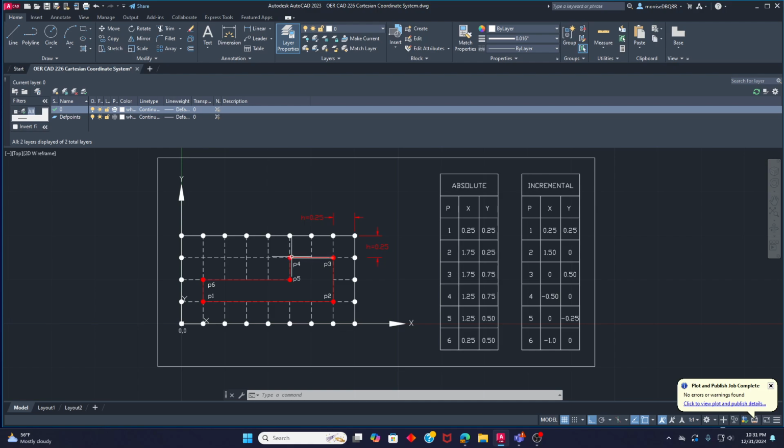So we're at point 4. We're going to point 5 next, which would be what? 1, 2, 3, 4, 5. Also 1.25 in the X and 0.5 in the Y. We're right here. Okay.